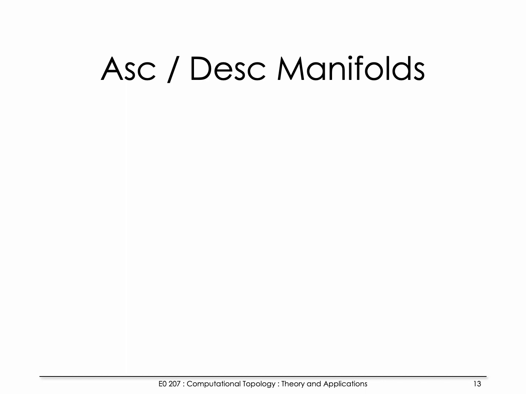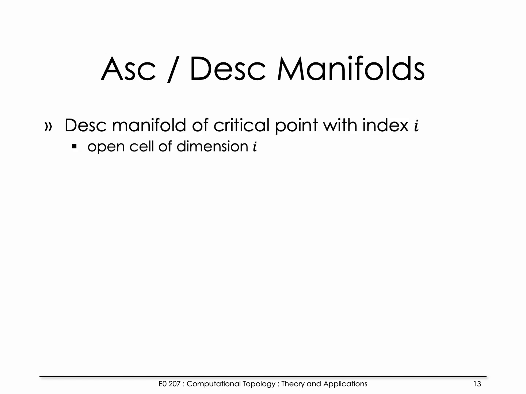So what are the dimensions of the different ascending and descending manifolds? We saw that the descending manifold of a maximum is 2-dimensional for a 2D function, right? So this is true in general. The descending manifold of a critical point with Morse index i is an i-dimensional manifold.